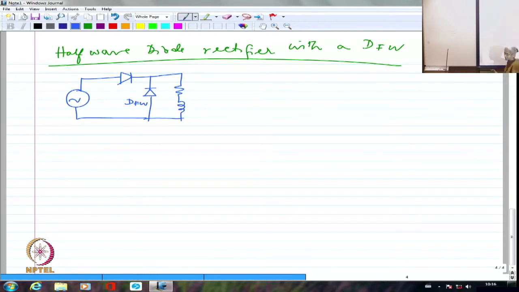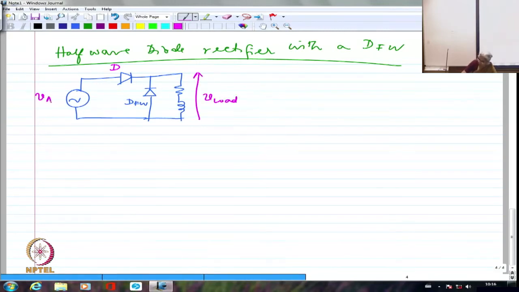So let us say this is my diode, which is the normal diode, which is meant for rectifying the AC voltage into DC voltage. So here is my V load and this is my VAC. Right?